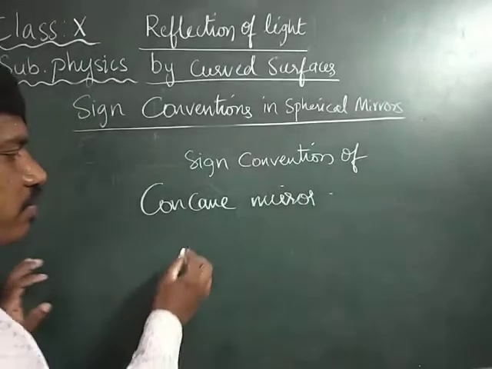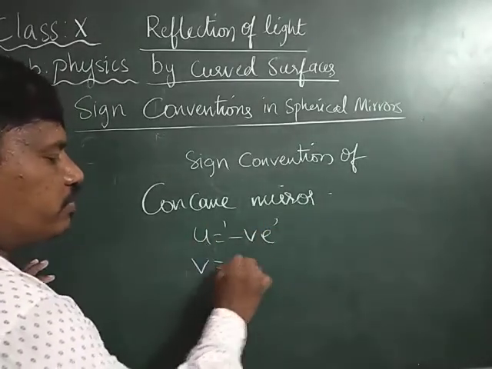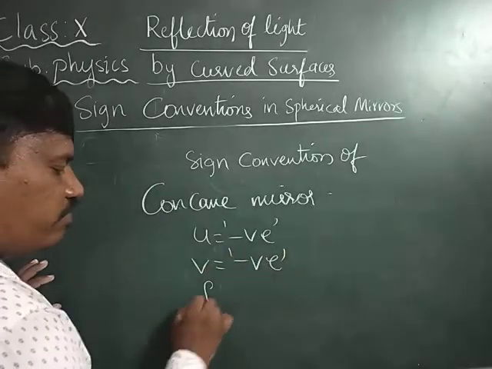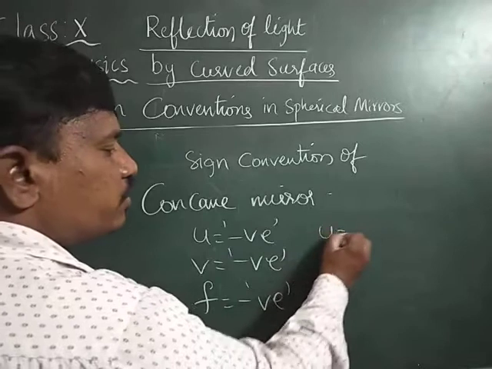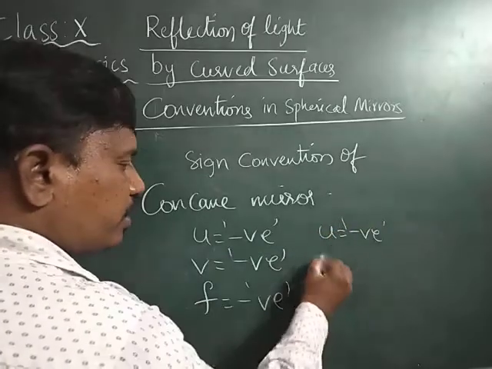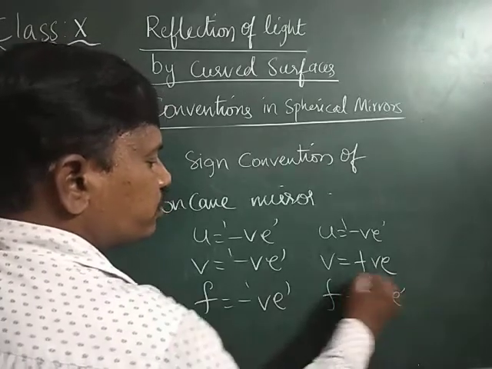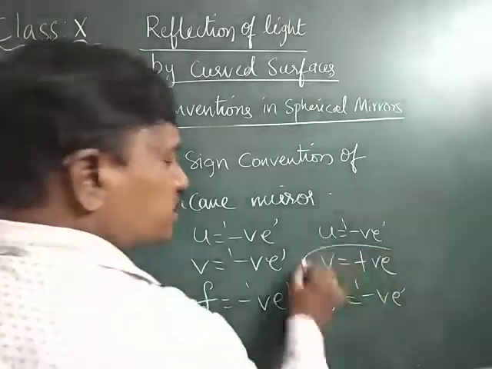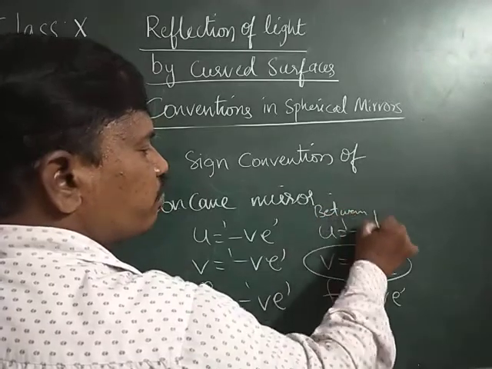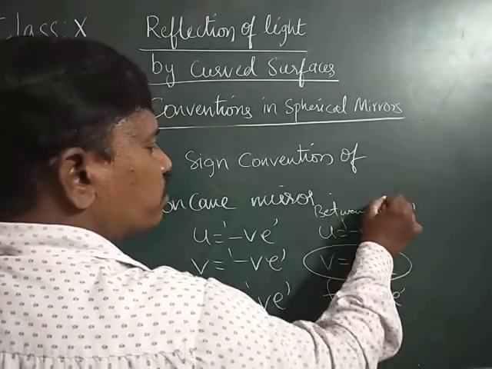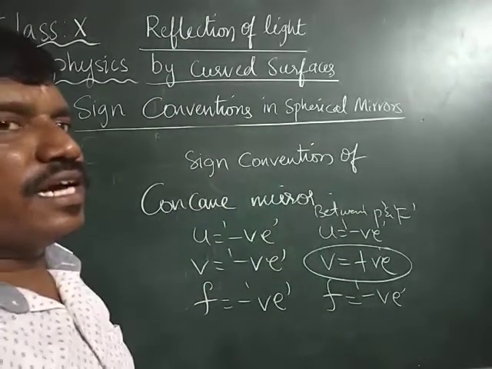U is negative, V is negative, and F is also negative. But in one case, U is negative, V is positive, and F is negative. This is a special case, when the object is between the pole and the focal point.